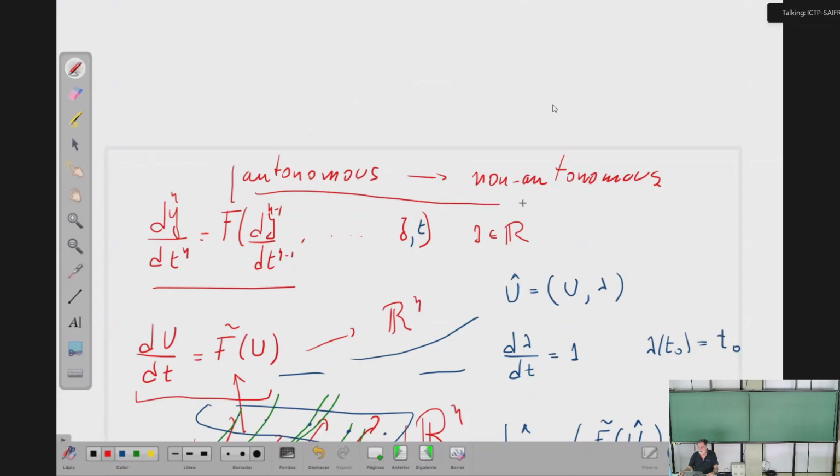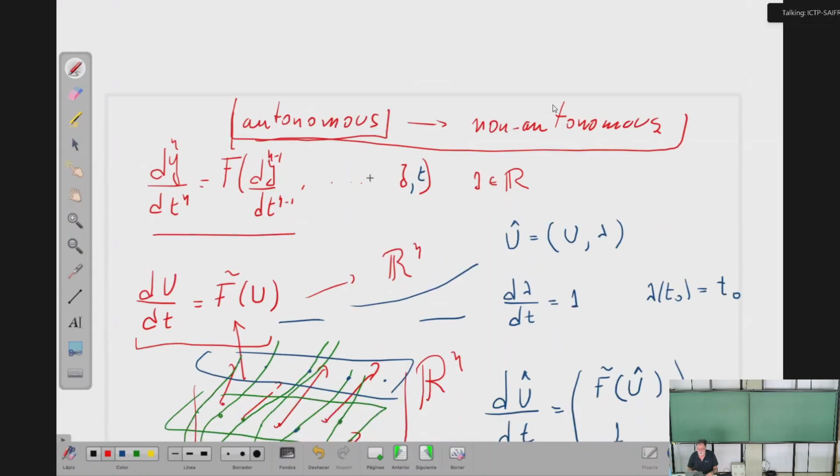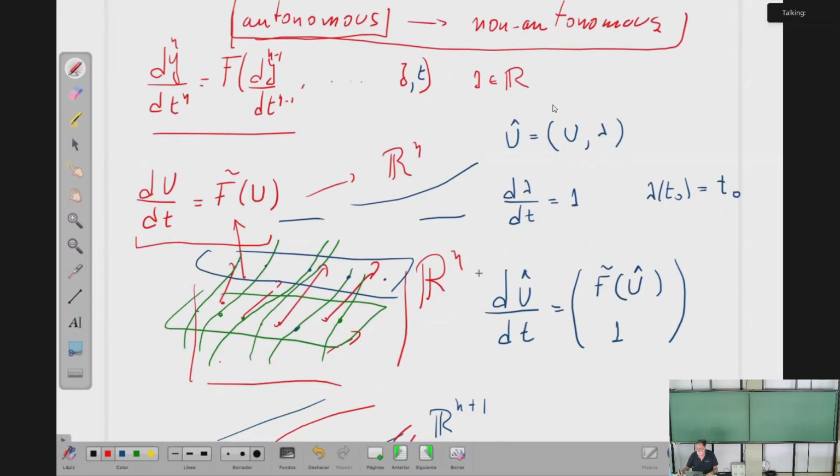Solving the system might be easier in some cases for practical reasons, but for the theory, it's the same. So usually we stick with the autonomous system. This here is our f hat of u hat. Okay, questions?